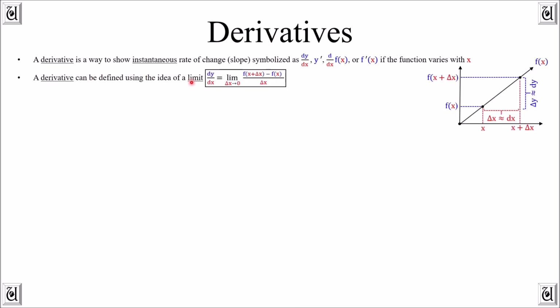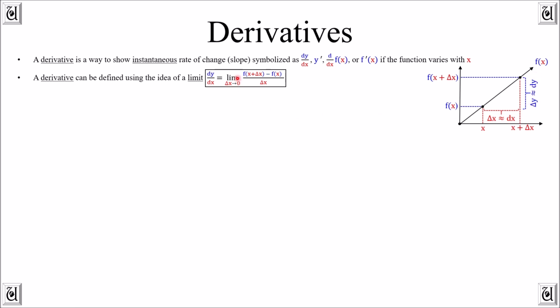And so you can use this idea of a limit. And so this small change in y over the small change in x can be defined with a limit. And we got to go over here to understand it though. So we have some x value, and we have at some later point some change that we had happen. And so that change in x is represented here. And we can also plug in what is the function at x and what is the function at that x plus the change, right? And so what happens is you have this change in y and this change in x.